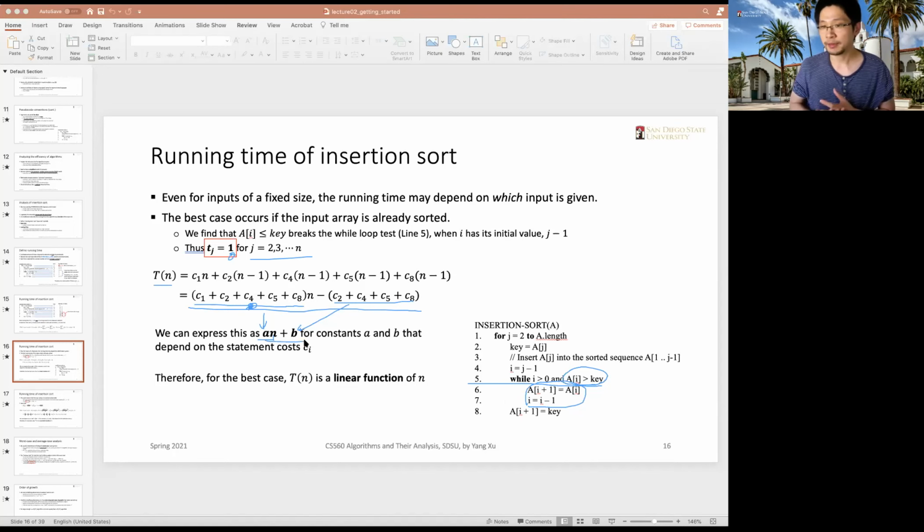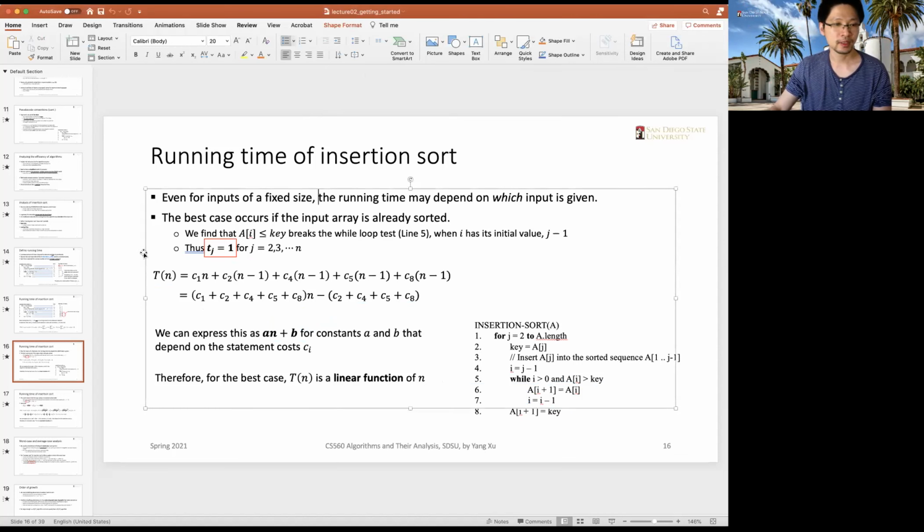So the running time of the insertion sort algorithm in the best case is a linear function. If we draw a linear function on the 2D plane, it increases steadily, so this is something very ideal. But we cannot always have the best case for insertion sort.